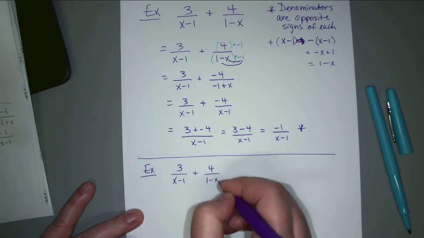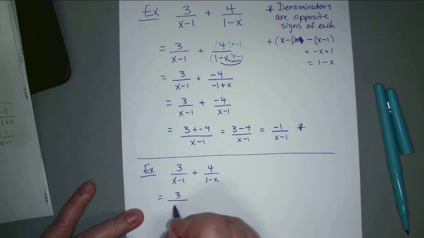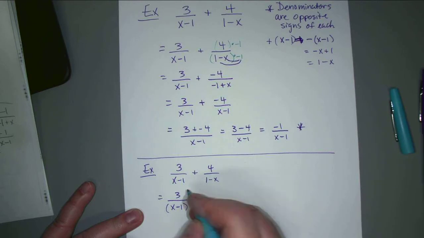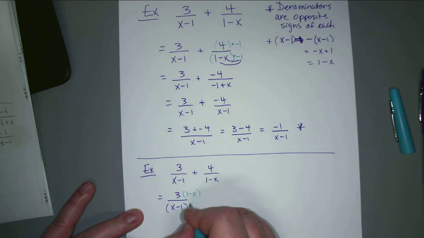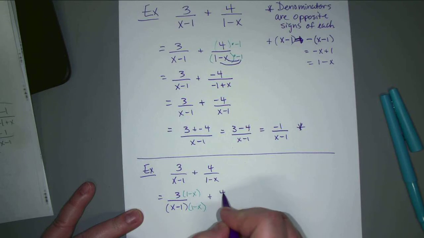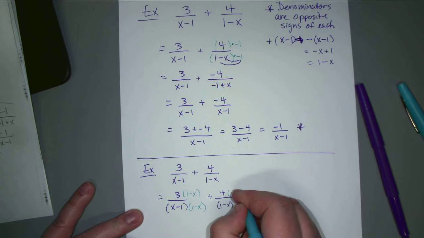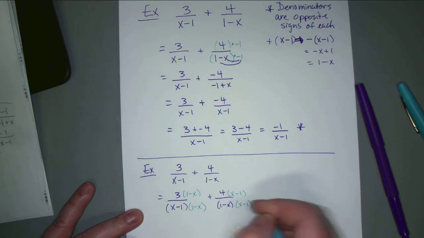So you didn't notice that these are the same. So what you say, okay, well I need a common denominator. I'm going to multiply them by the denominator of the other. All right.